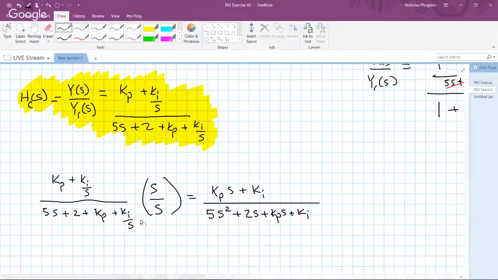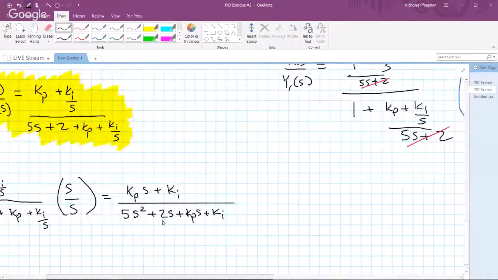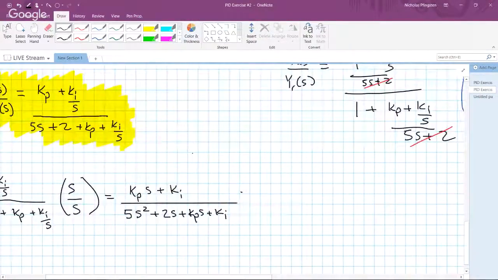So this is now the h sub c of s expression.